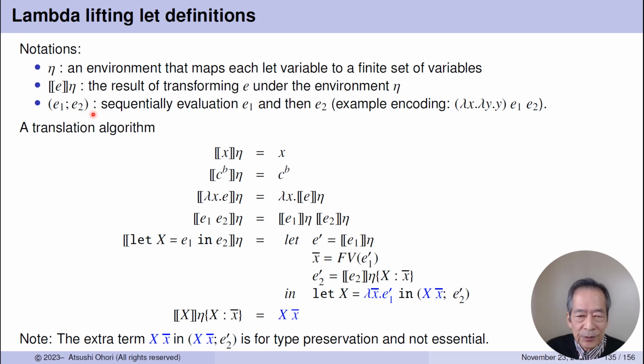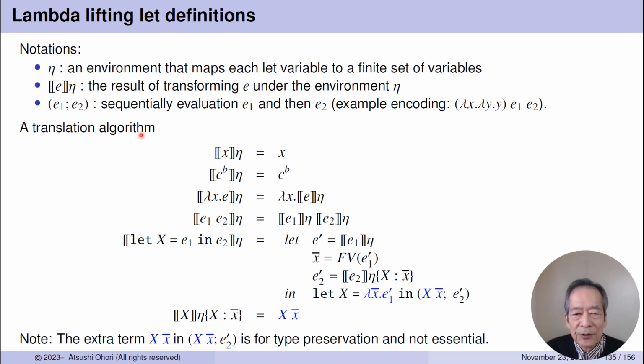This notation is sequentially evaluating E1 and then E2. The standard encoding is this one: lambda x, lambda y, and return y, so that x is thrown away and y is returned, so the entire expression is the same as E2.